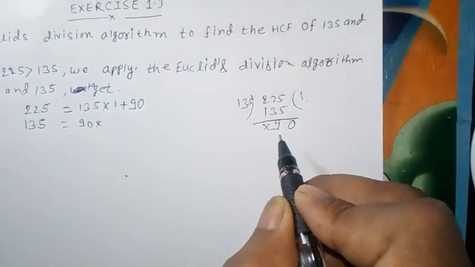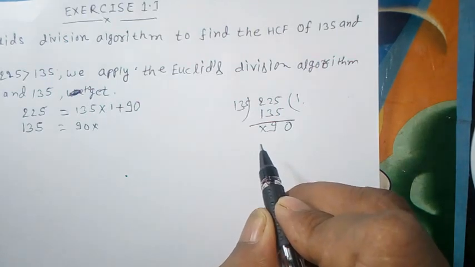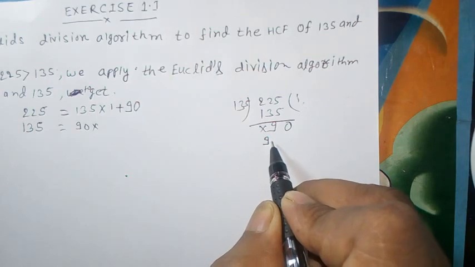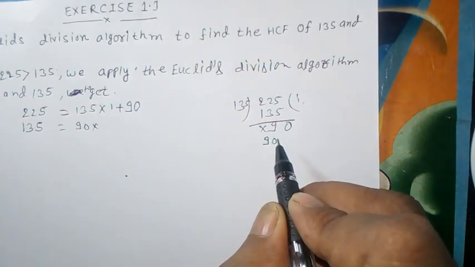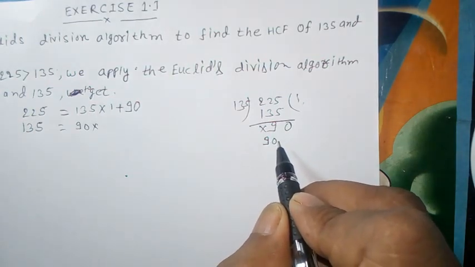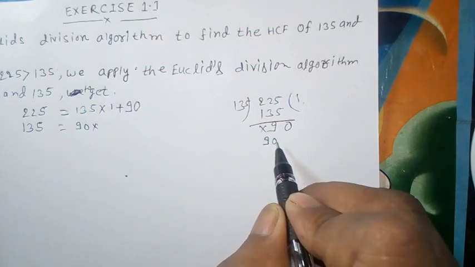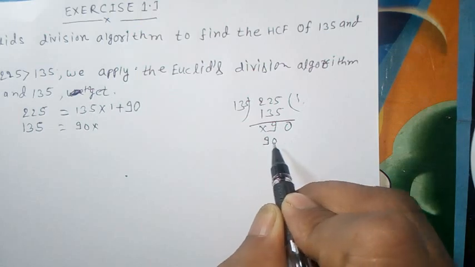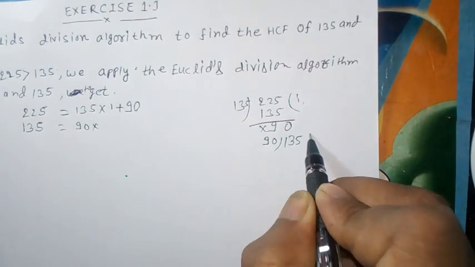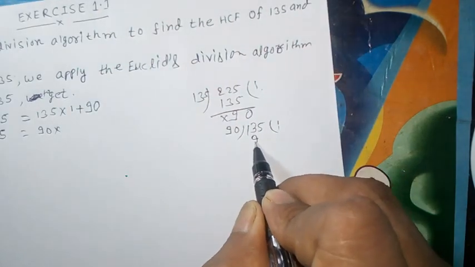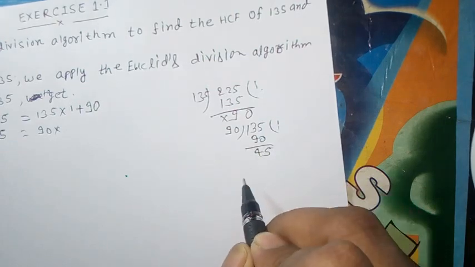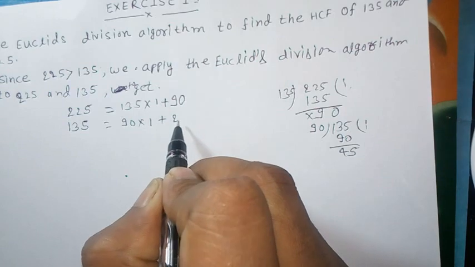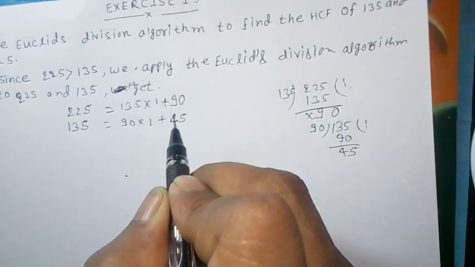Then we divide 135 by 90. In 1 times 90 we get remainder 45.